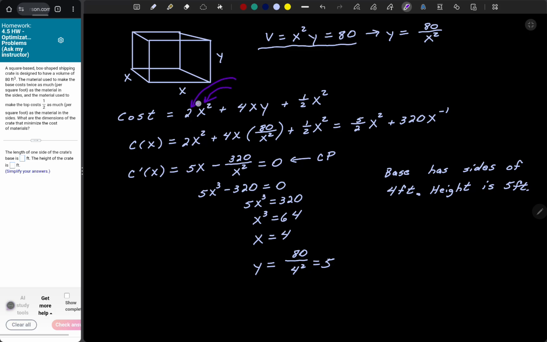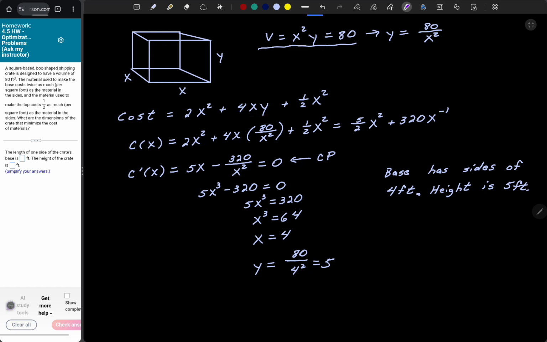Plus the cost of the sides. Each of the sides has a base of x and a height of y, and you have 4 of them, so that's why I have 4xy here.